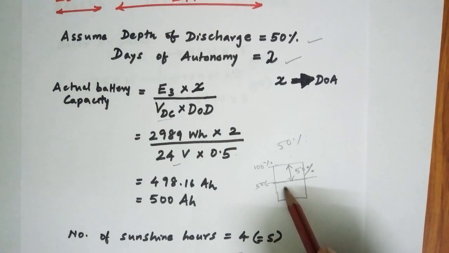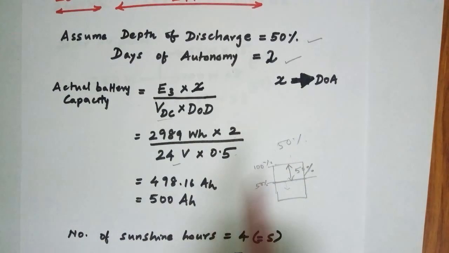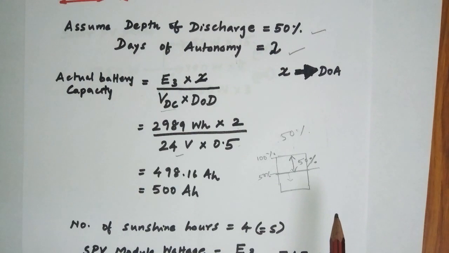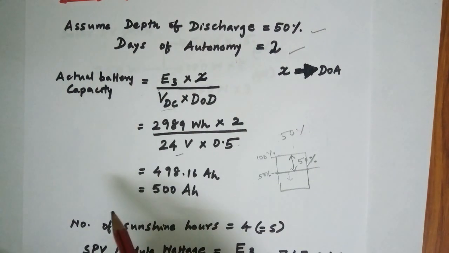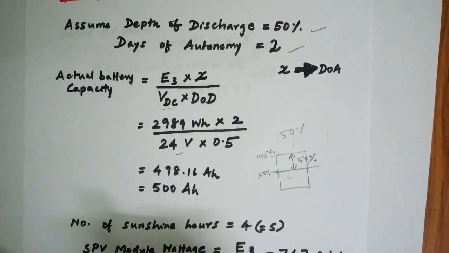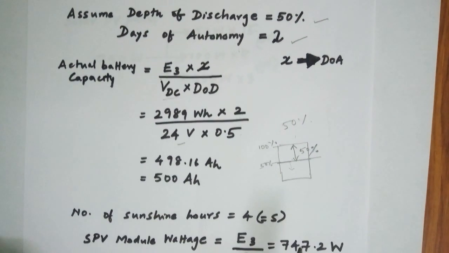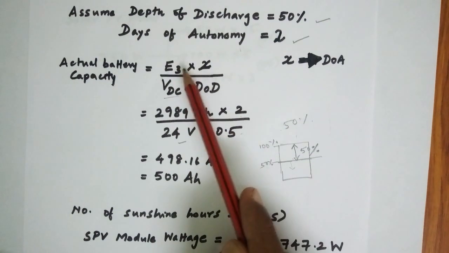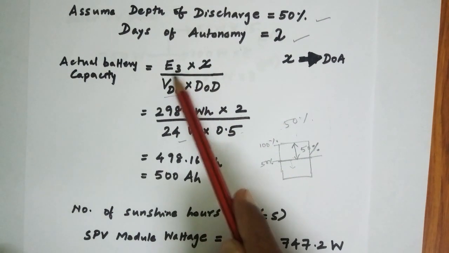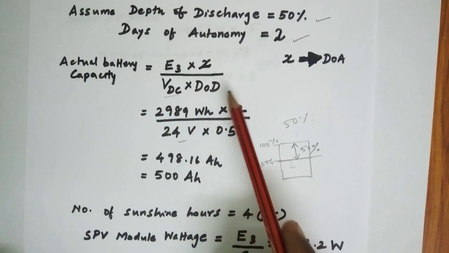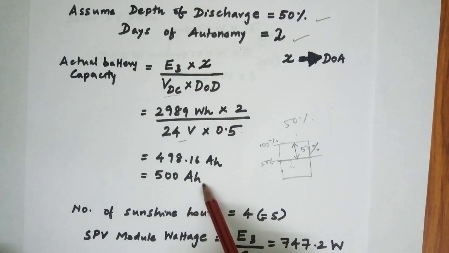It can't go below 50%. So that is called 50% depth of discharge. It is a value which shows the point up to which you can discharge your battery. So actual battery capacity is equal to battery input energy into days of autonomy divided by DC voltage into depth of discharge. So on solving this you will be getting 500 ampere hours.